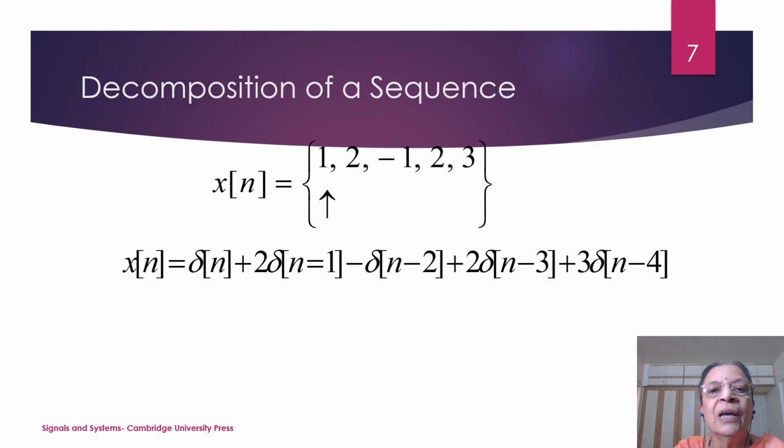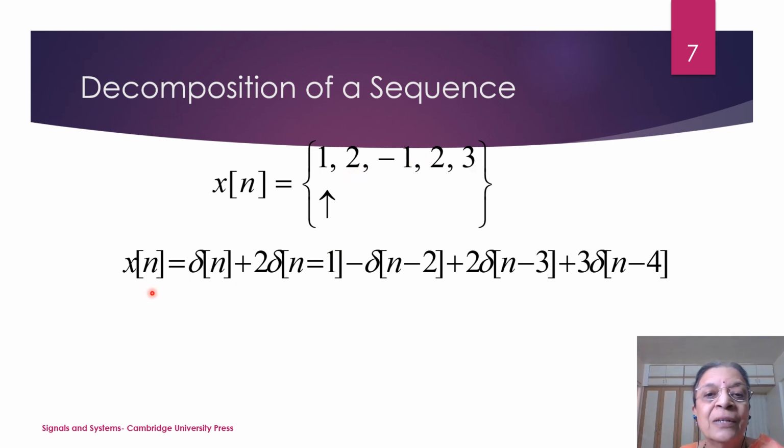Now consider the sequence given by x[n] equal to 1, 2, minus 1, 2 and 3. When I put the arrow over here, it indicates that this is the value at 0, x[0]. So this is x[0], x[1], x[2], x[3] and x[4].